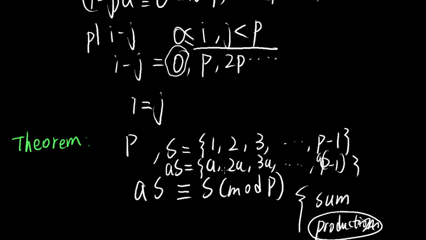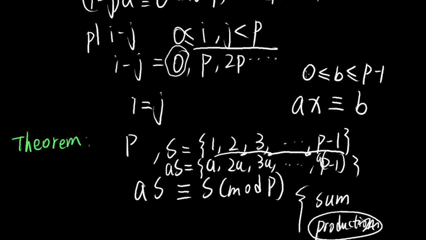We have a times an integer, for example, a times x can be any integer from the set S, for example b, and b should be less than or equal to p minus 1 and greater than or equal to 0. And we have this congruence is always true: given a, there always exists an x such that ax is congruent to b.